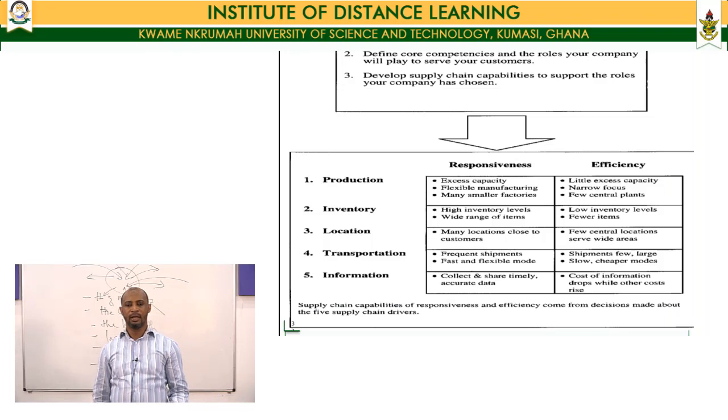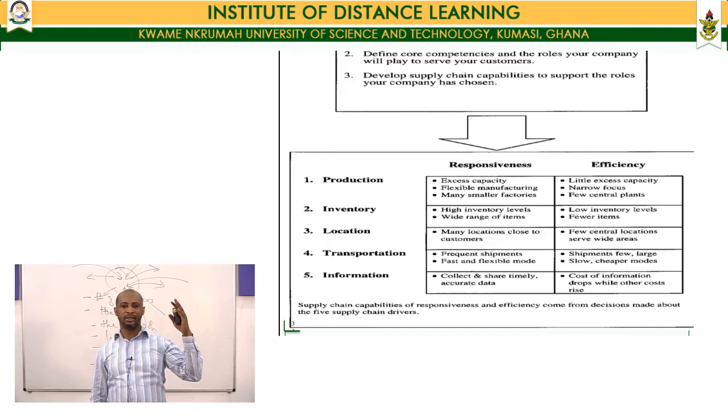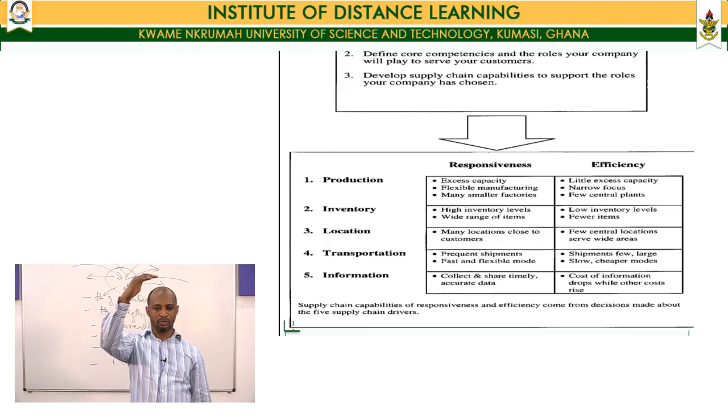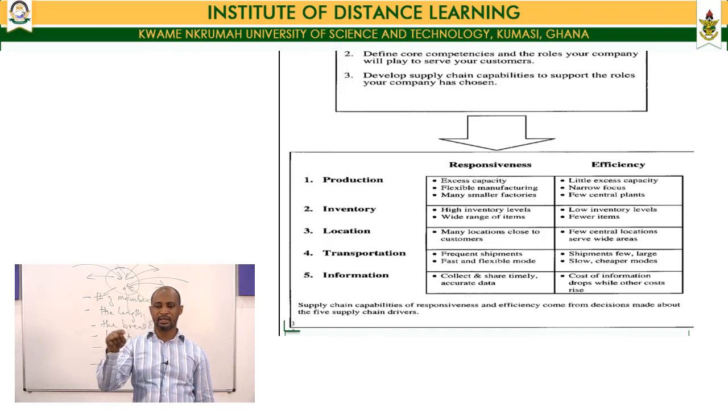So, to end it all, we say that usually to be successful in managing your supply chain, you must understand the requirements of your customers, you must define your core competence, and you must develop the supply chain capabilities. Now, if you look at production, for responsive organizations, there's excess capacity, there's flexible manufacturing, there are many smaller factories.